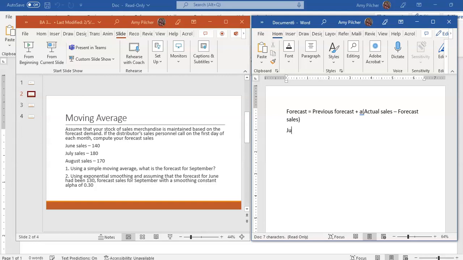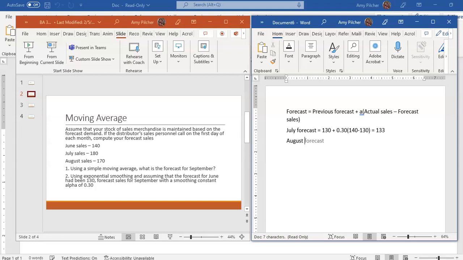So we're looking for what is the July forecast. We take the forecast for June. So the June forecast was 130 plus the alpha of 0.3 times our actual June sales of 140 minus our forecast of 130. So we get a July forecast of 133 units.